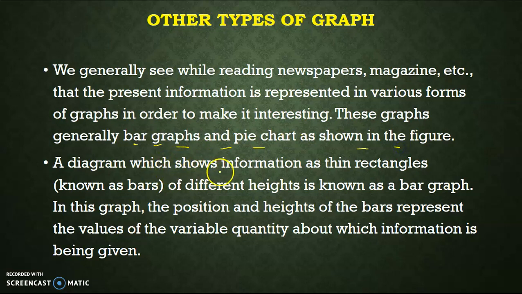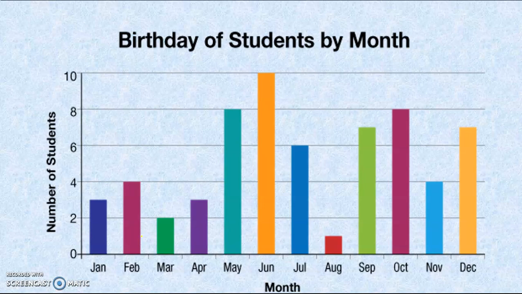A diagram which shows information as thin rectangles, known as bars, of different heights is known as a bar graph. In this graph, the position and height of the bar represent the value of the variable quantity about which information is being given.